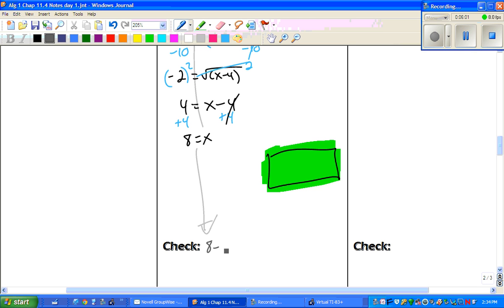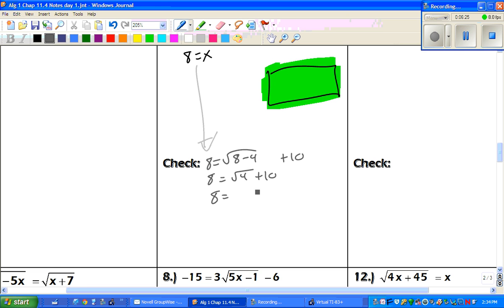So 8 equals the square root of 8 minus 4 plus 10. And remember that that plus 10 is outside, okay? So 8 equals 8 minus 4 is 4.